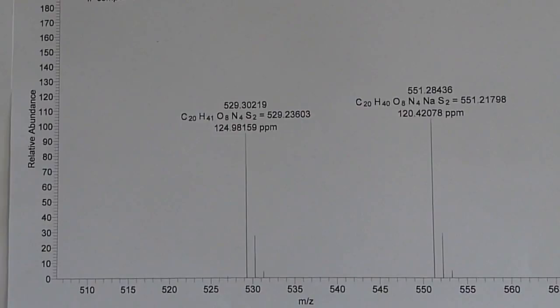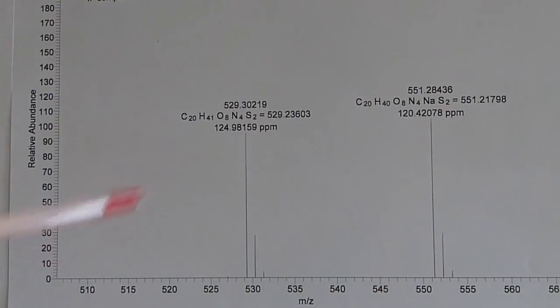If we were to look at the higher molecular weight end for a theoretical composition of oxidized methionine-valine, again, we would have, in this case, a difference of almost 125 parts per million.